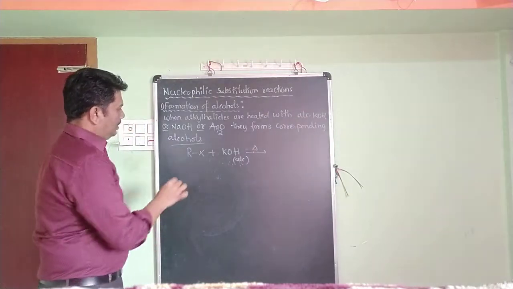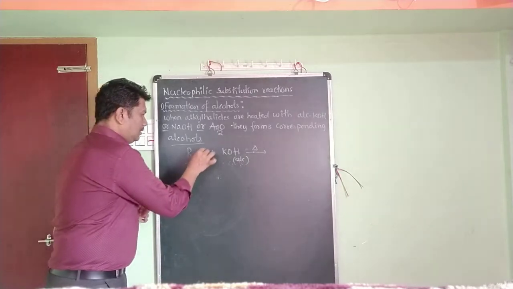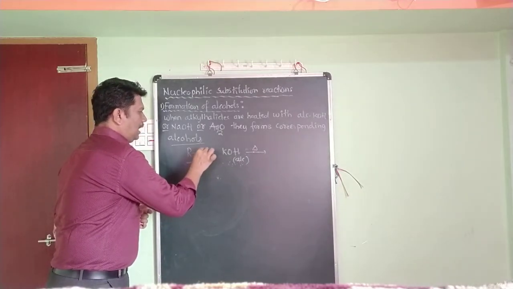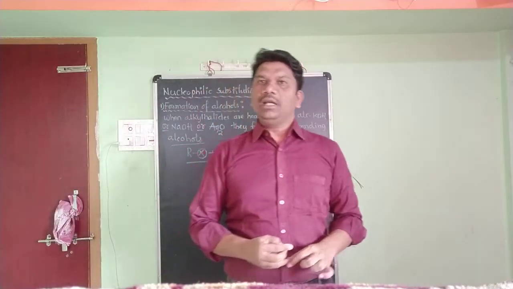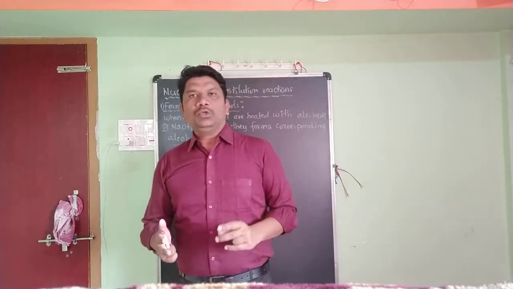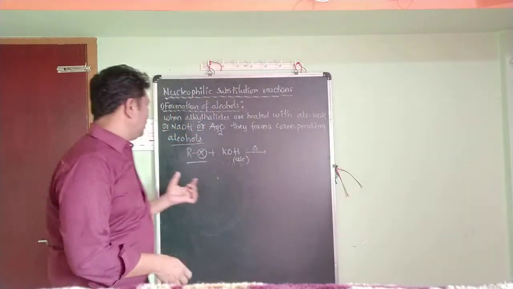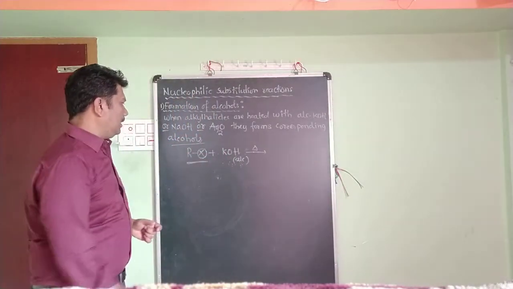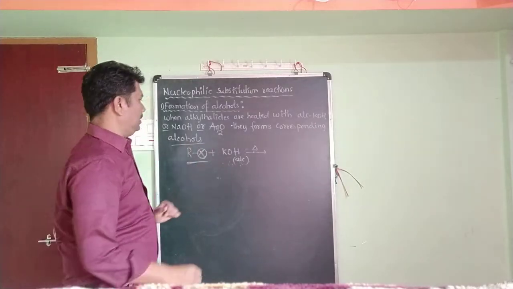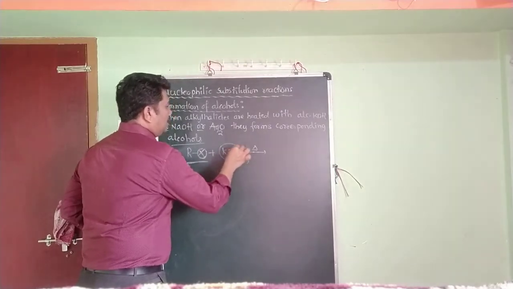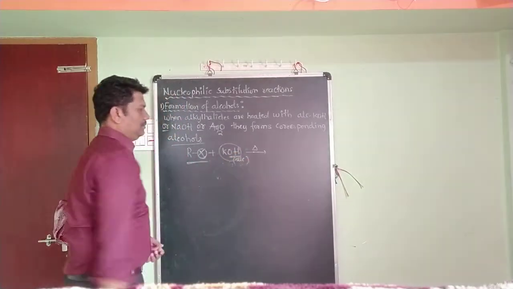See here, it is an alkyl halide. In this alkyl halide, the X is a halogen atom, and that halogen atom is a weak nucleophile. I already told, there are two types of nucleophiles, weak nucleophile and strong nucleophile. In potassium hydroxide, this OH is a strong nucleophile.